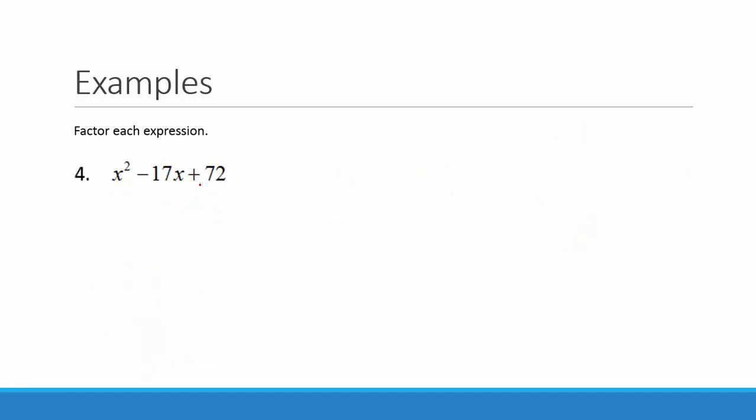This is in the form x squared plus bx plus c. Our c is equal to 72. I need two numbers that multiply to give me 72, but when I add them together, I get negative 17.